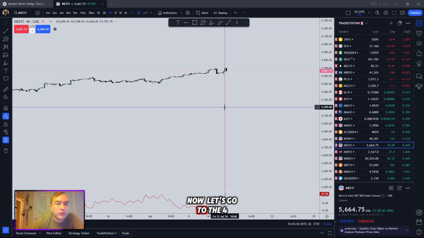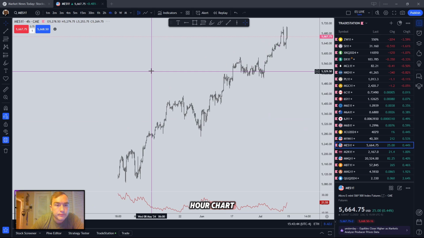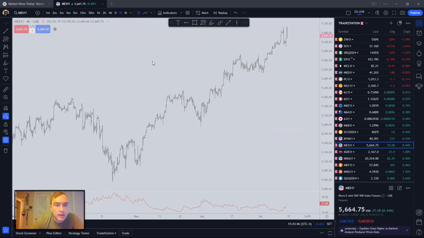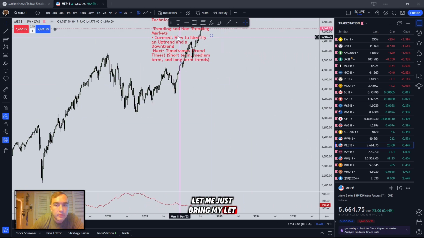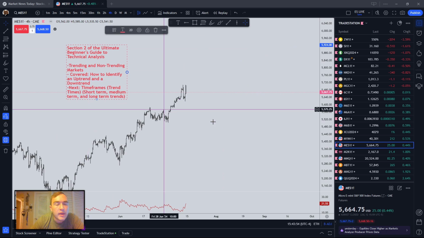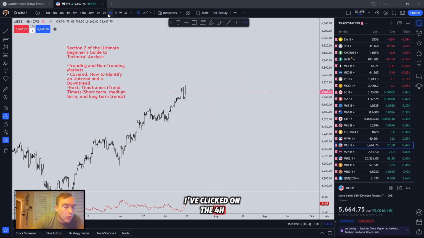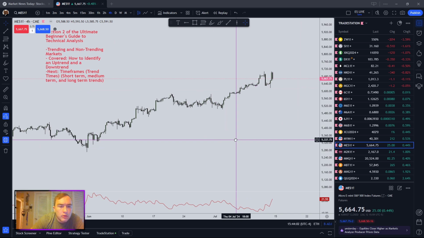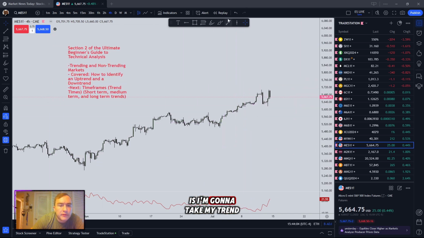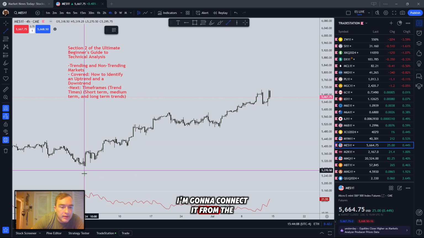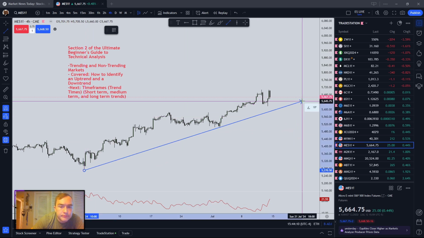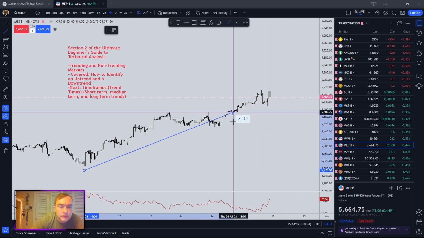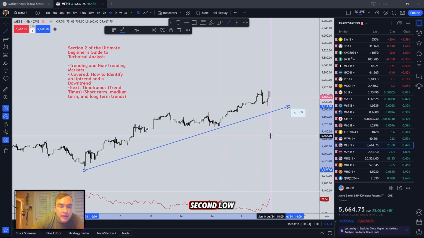Now, guys, let's go to the 4-hour chart. Okay, guys, so what I've done here is I've clicked on the 4H. Every candle now is 4 hours. So I'm going to take my trend line tool and connect it from the first low through that second low.